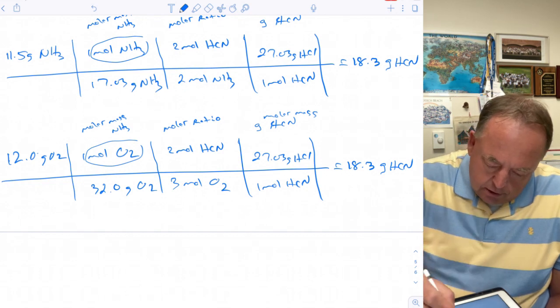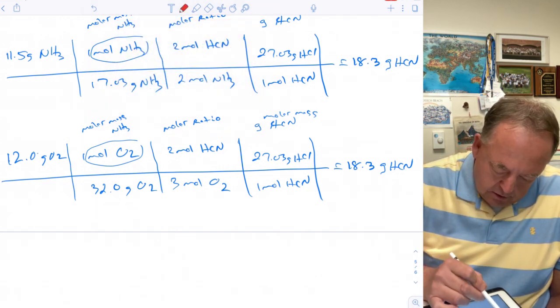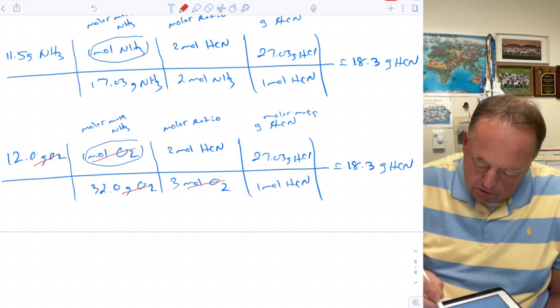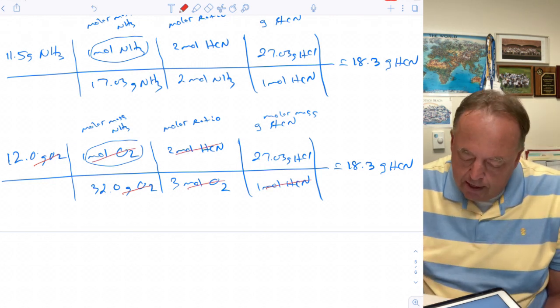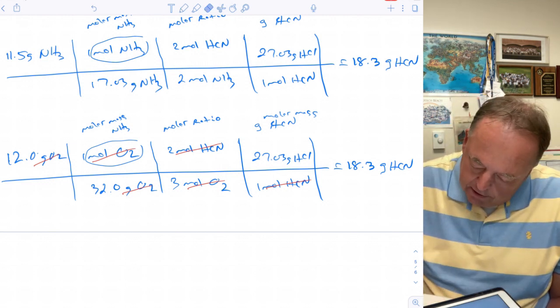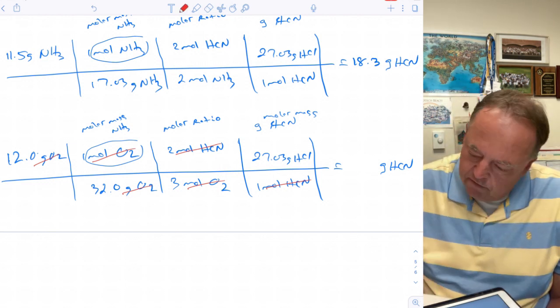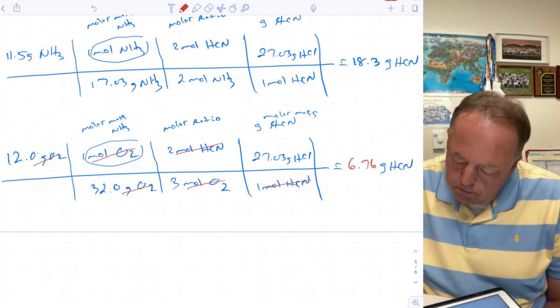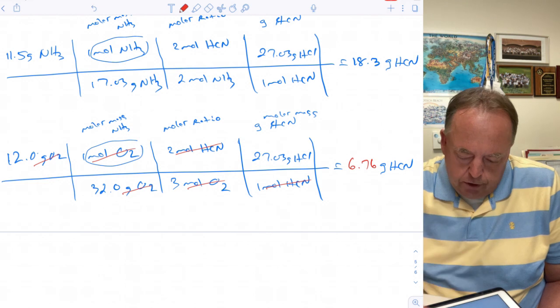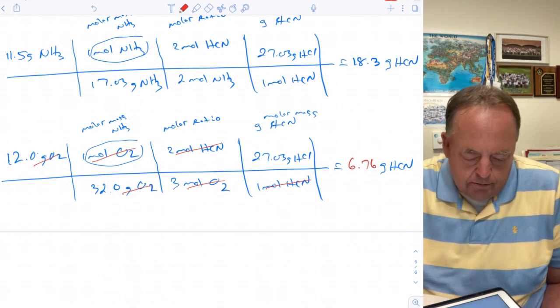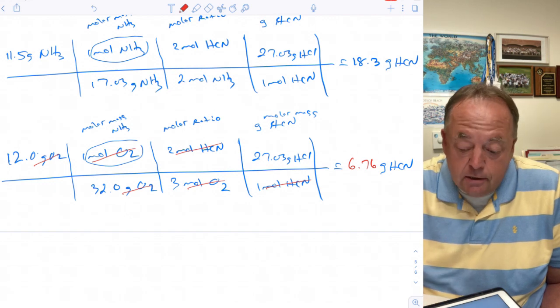Grams of O2 cancel, moles of O2 cancel, moles of HCN cancel, and we're left in grams of HCN. If you do that calculation, this would give you 6.76 grams of HCN. You can already see that that's smaller than the 18.3 that we calculated above, so ammonia NH3 is in excess.